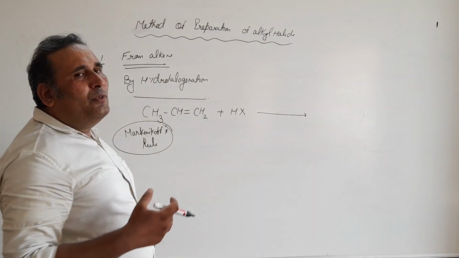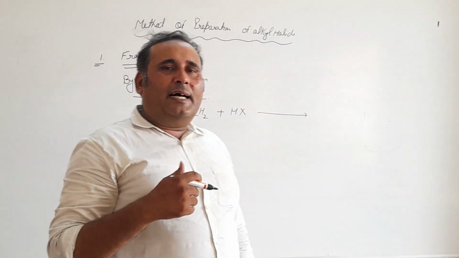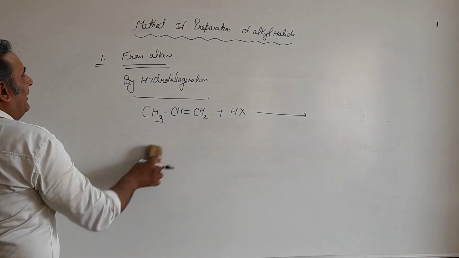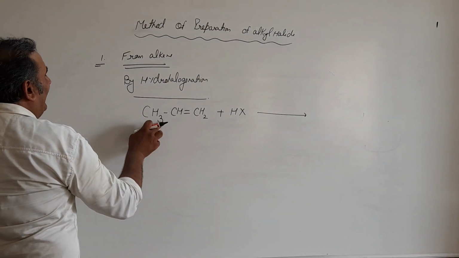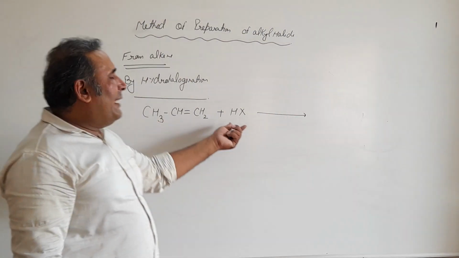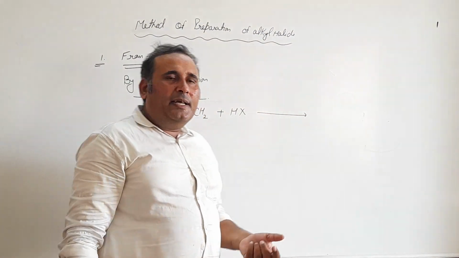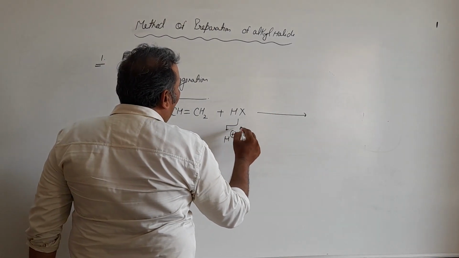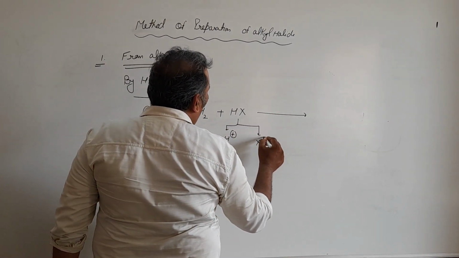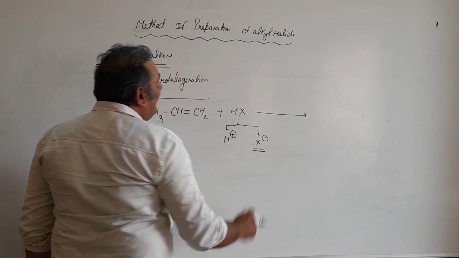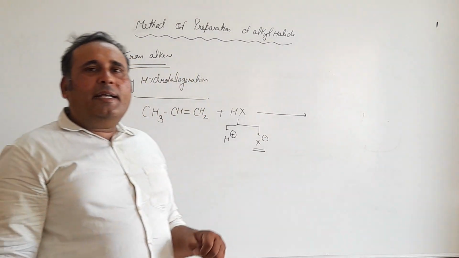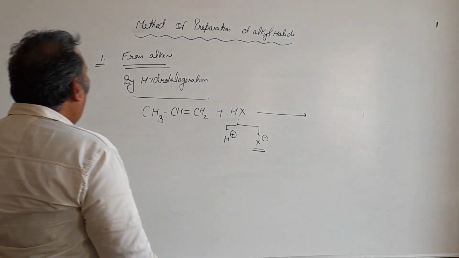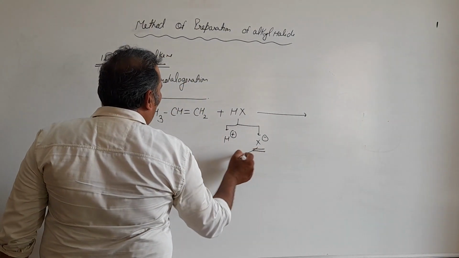That Markovnikov's rule we have discussed in 11th class, that if an unsymmetrical alkene reacts with an unsymmetrical reagent like HX, HBr, HCl and HI, then the negative part of the reagent, X minus, will be attached on that double bonded carbon atom which has less hydrogen atoms.